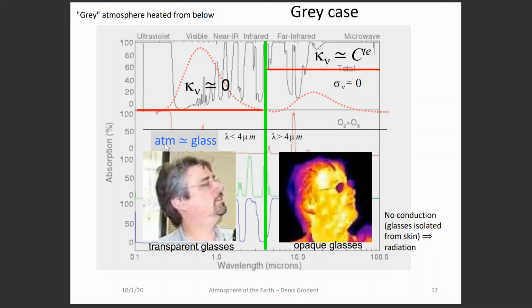So we can compare the atmosphere to glass. In the visible range, with no absorption, we can see the eyes of the man right here. In the infrared domain, the absorption becomes bigger, the light is not able to reach the eyes of this man, so we are not able to see his eyes.